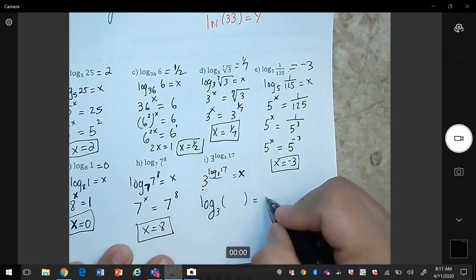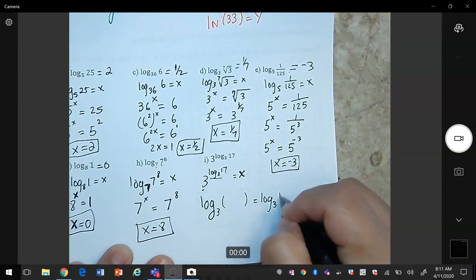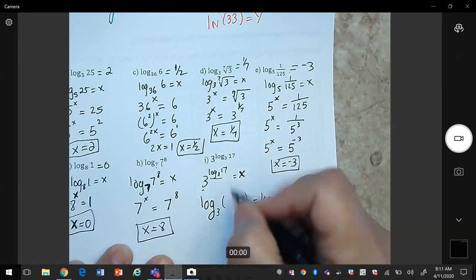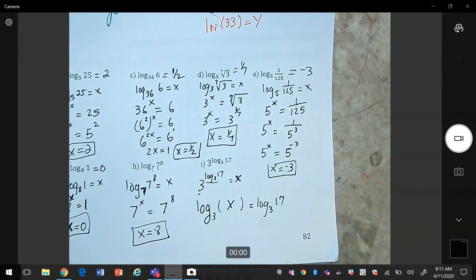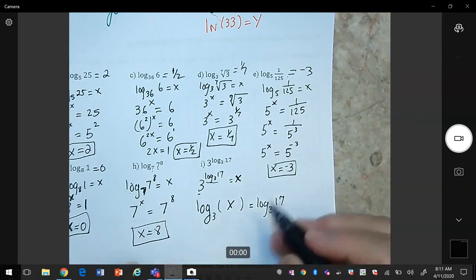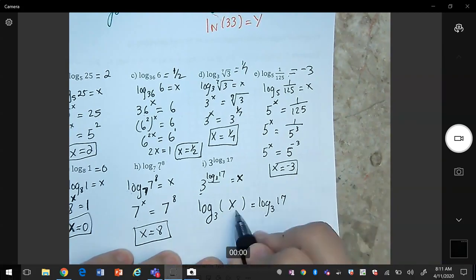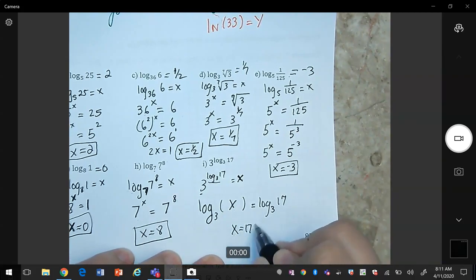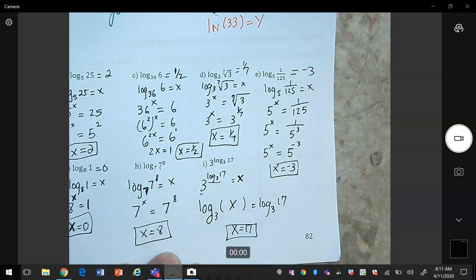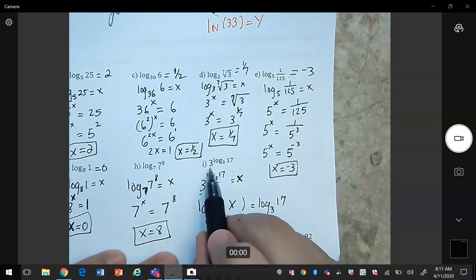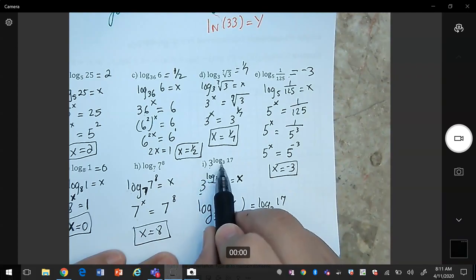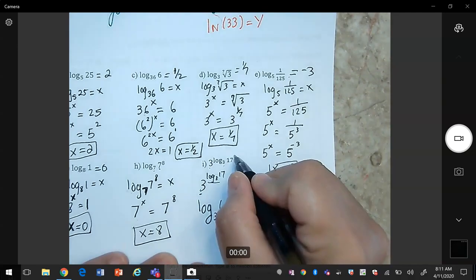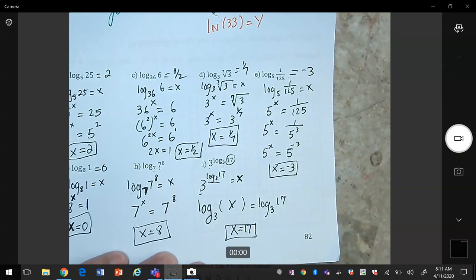In this case, my exponent is log base 3 of 17. So in order for these to be equal to each other, x has to be 17. So if we have base 3 raised to a log with the same base, then your answer is going to be this number here, 17.